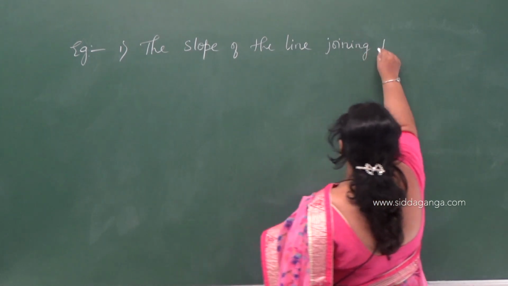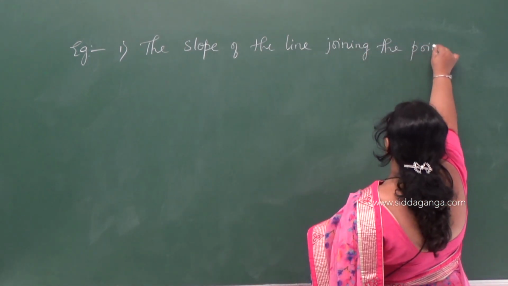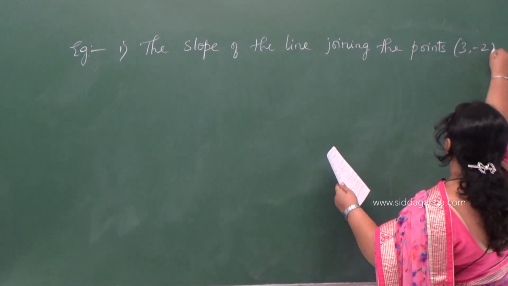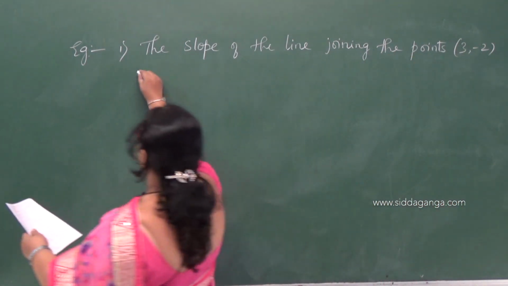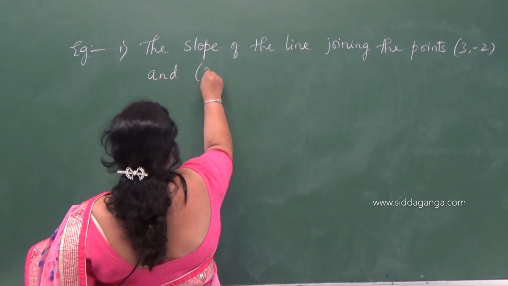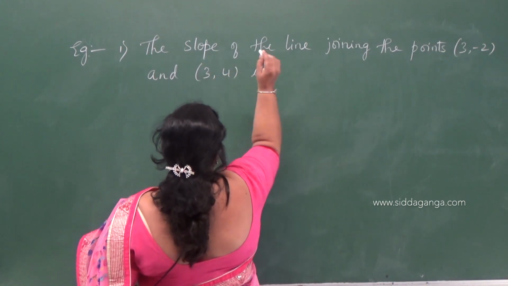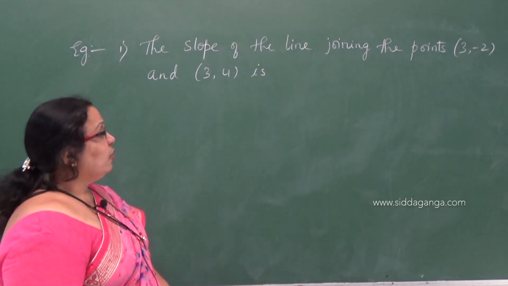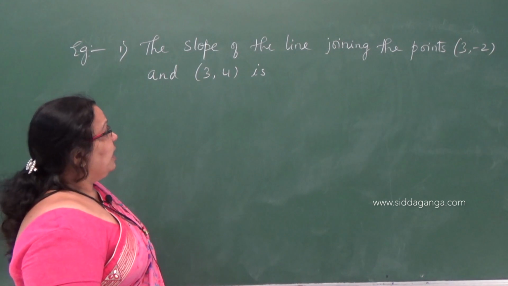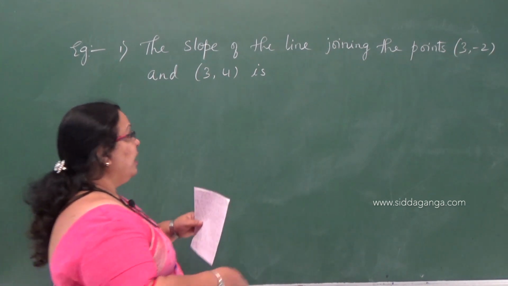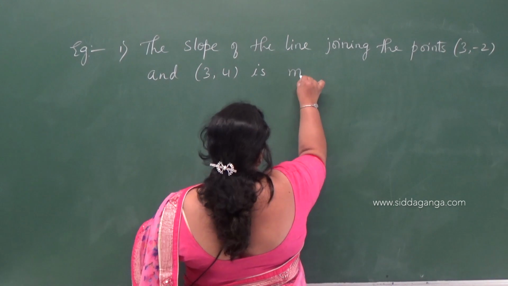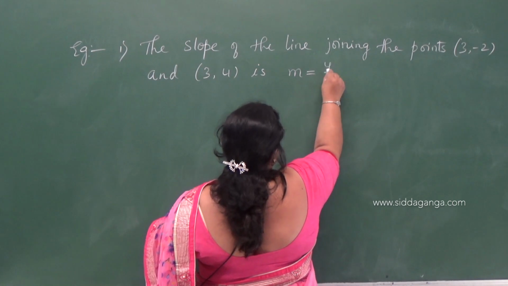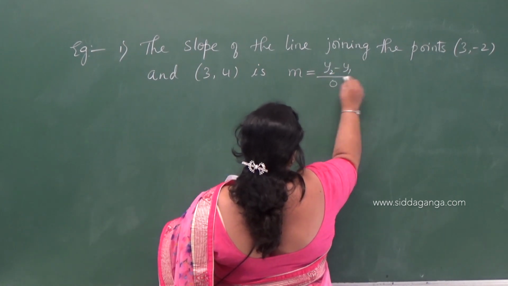Here the x coordinates are same for the given 2 points, and hence in the formula the x coordinates come in the denominator. So we get y2 minus y1 divided by 0, the denominator becomes 0.